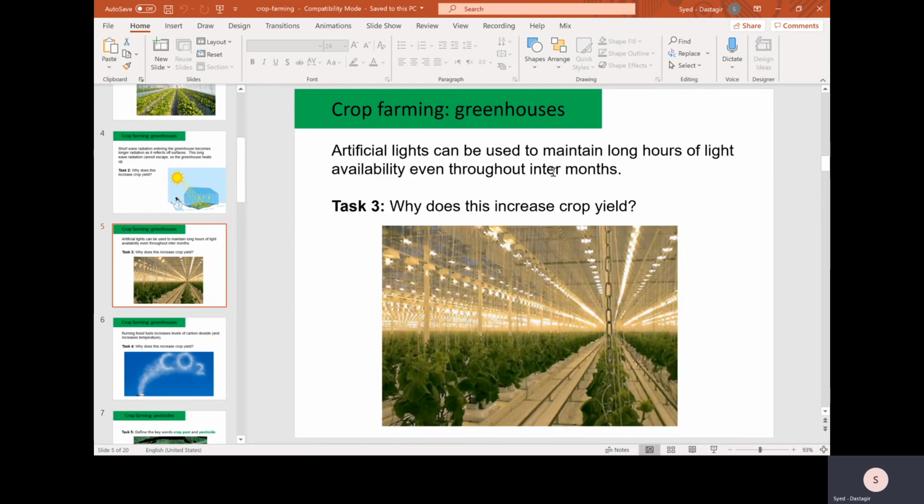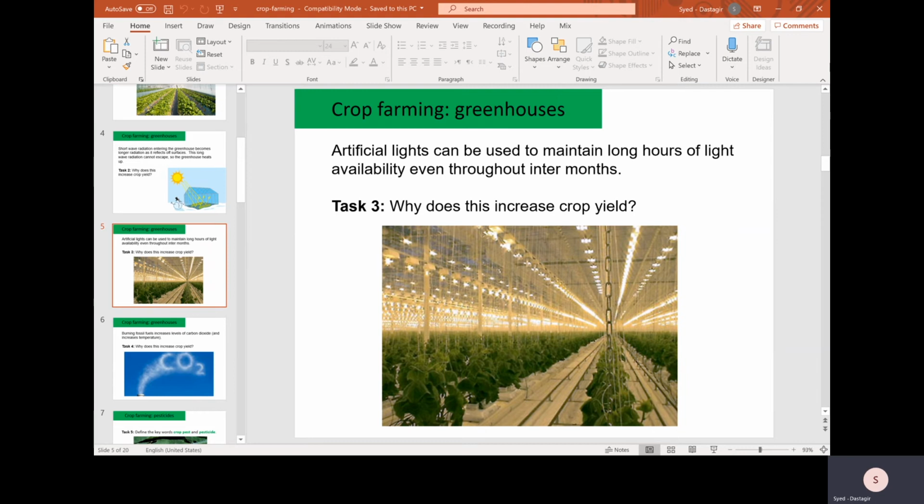Now, artificial lights can also be used to maintain long hours of light. So obviously photosynthesis is dependent upon light, sunlight. However, this is contingent upon light from the sun throughout the day.